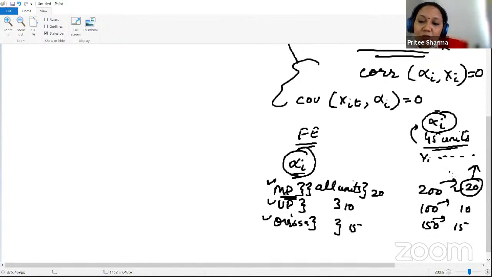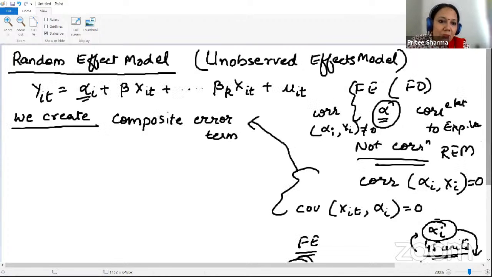This is why it is also known as the random effects model. Whereas in the fixed effects case, this alpha i corresponds to that particular ith firm or ith unit. Here, this alpha i corresponds to only that drawn unit. It need not be the same for the entire industry. All right. I'm sorry, I deviated a little bit there.